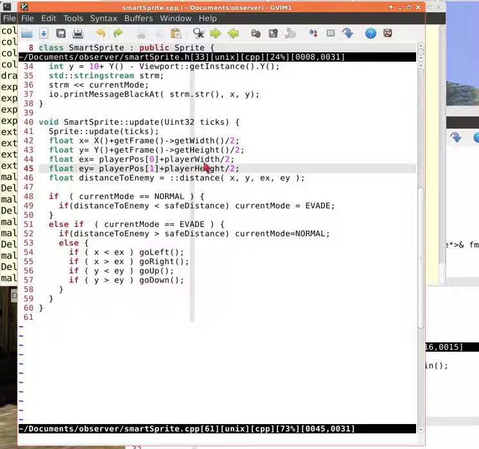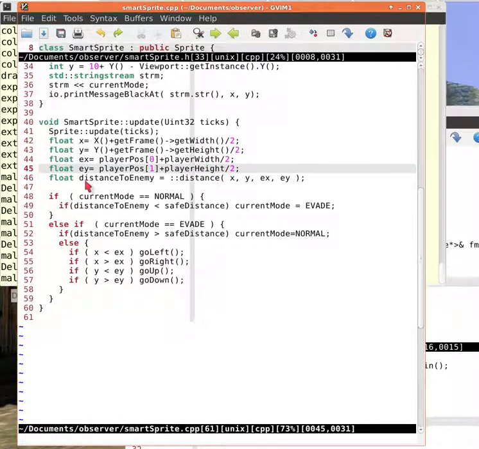And how do I know that? The player told me because I've used the observer pattern, and we'll get to that in a moment. So let's assume the player tells me where the player is. And I already am saving its width and height, so I get the player's position, find the middle. I'm basically finding the middle with these things right here.